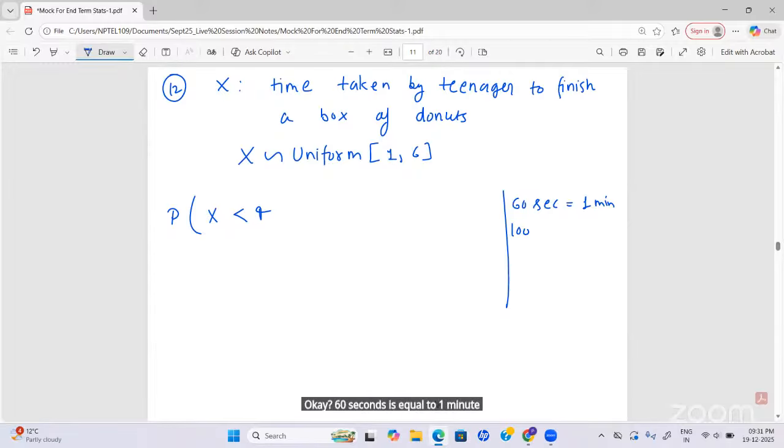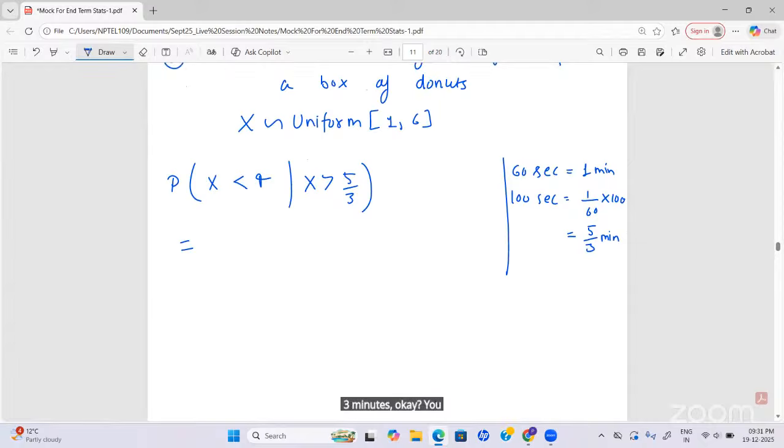So 100 seconds will be 1 by 60 into 100, so this will be 5 by 3 minutes. So x less than 4, given that x is greater than 5 by 3 minutes.